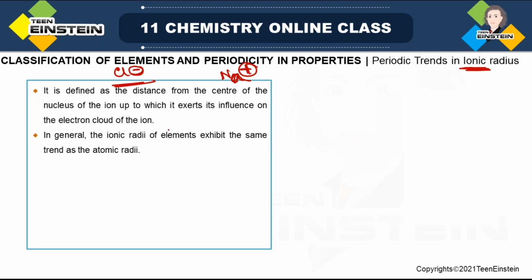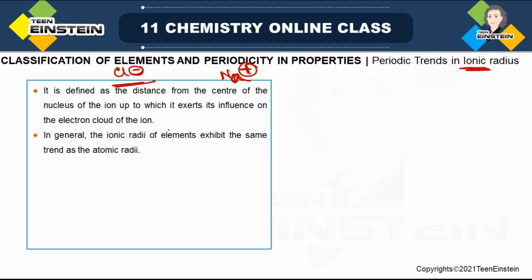Whether it is positively charged or negatively charged, the definition is the same: the distance from the center of the nucleus of the ion. Suppose Na plus. Consider the nucleus of Na plus, up to which it exerts its influence on the electron cloud. The influence of the nucleus of Na plus on its electron cloud will be up to a particular point. So this distance is actually the ionic radius.